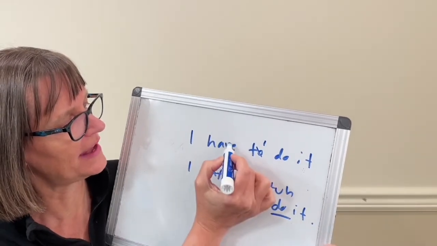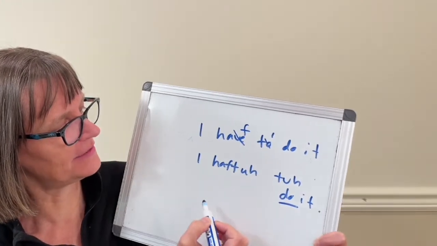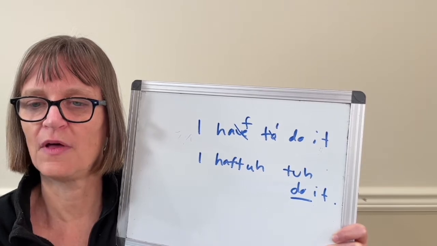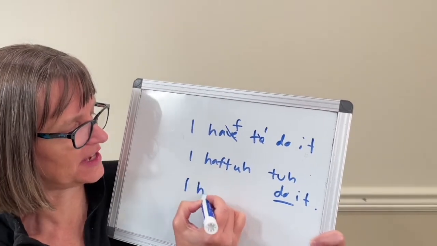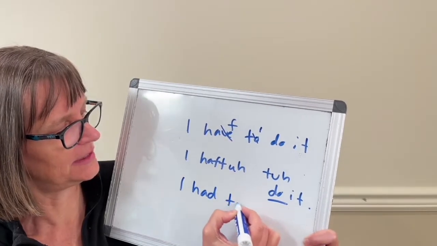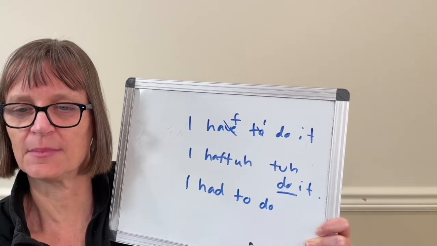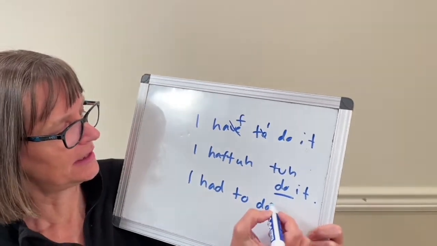We lose that V and it becomes more of an f sound, have to do it. And then you're asking about whether or not the D, in I had to do it, can become a T sound. I had to do it, had to.